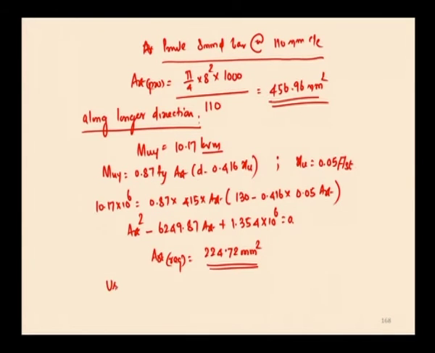So, by using 8 mm diameter bar, I am going to find out the spacing of reinforcement. The spacing is again pi by 4 into 8 square into 1000 divided by 224.72, that is equal to 223.68 millimeter.